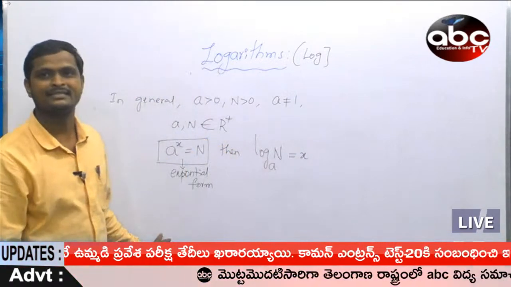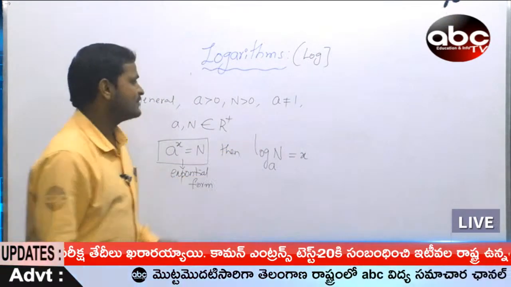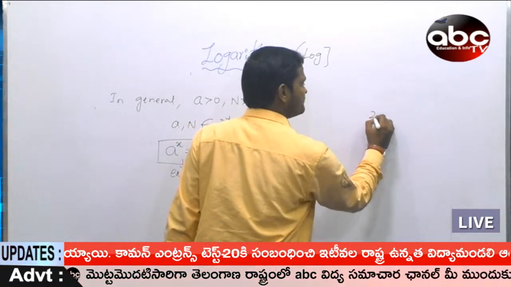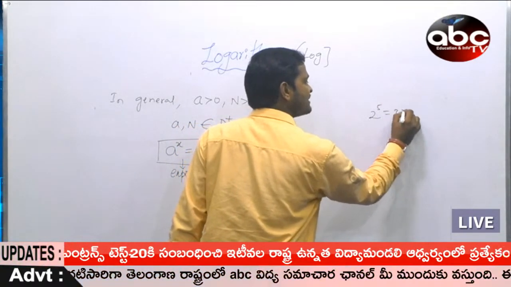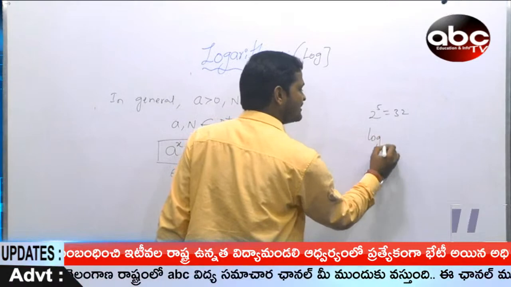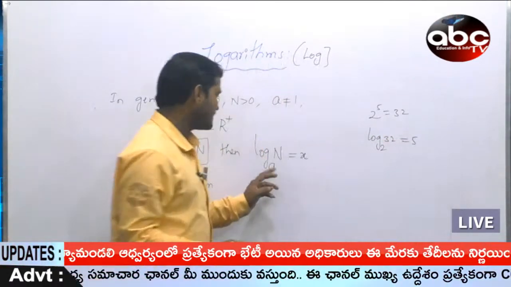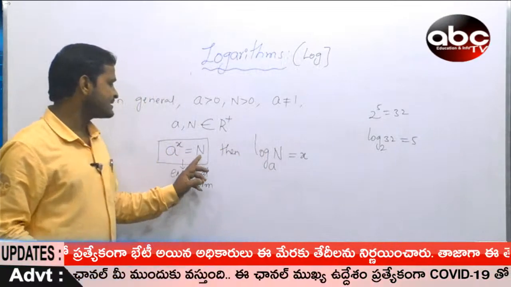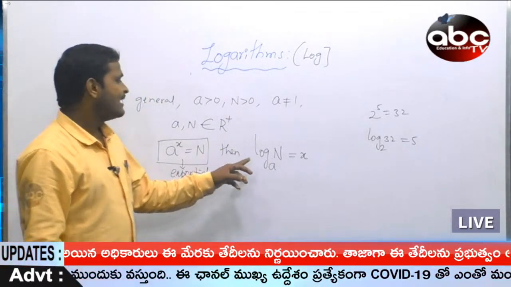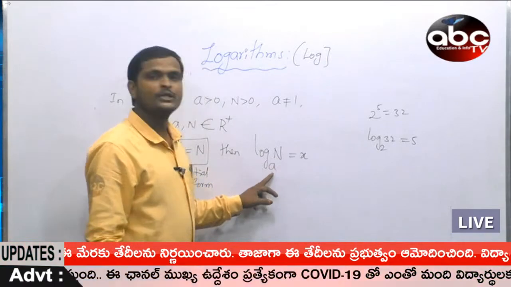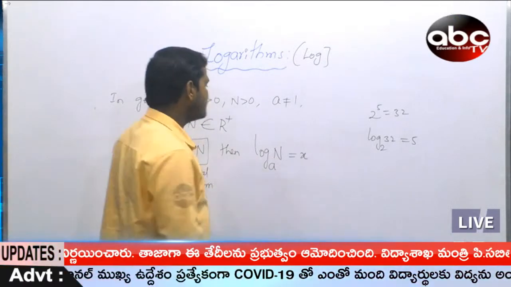Is it clear, students? Just now we saw an example: 2 power 5 is equal to 32. Then in terms of log, log base 2 of the number 32 is equal to 5. Observe here, same: a power x is equal to n, then log n to the base a is equal to x.